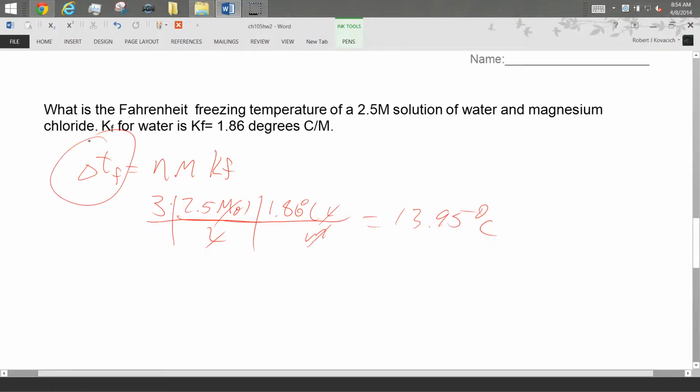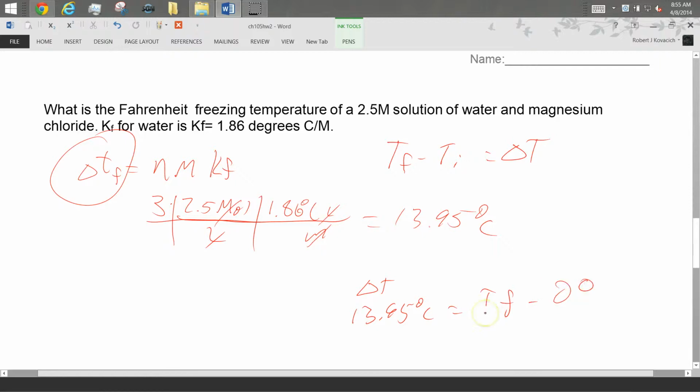And the change, that delta, is temperature final minus temperature initial. And in this case, my delta temperature is equal to the change in temperature. And so what I know is my change in temp is 13.95 degrees C. I don't know my temperature final, but I do know my temperature initial, which is, in this case, 0.